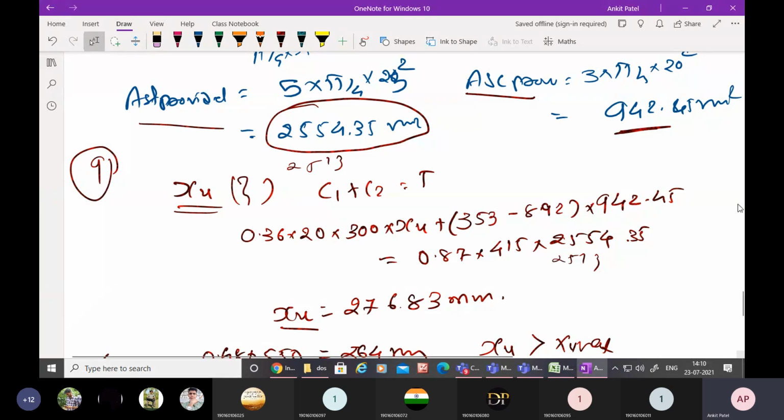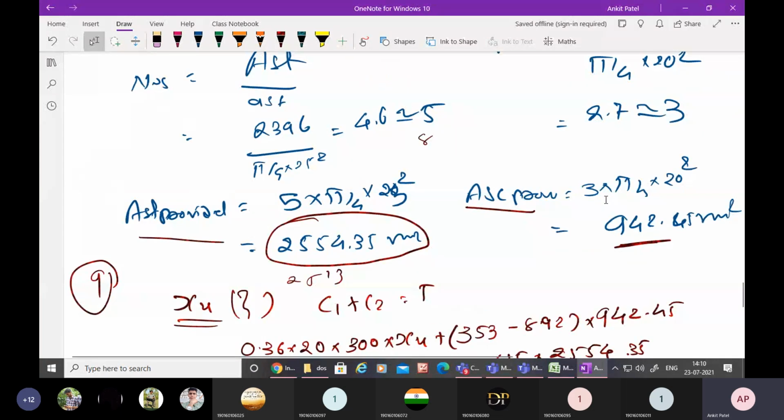Yes. Now by changing this to 4 number of reinforcement, 4 into pi by 4 of 20 square, then your answer is, most probably, 4 into 314, that is 1256.6.